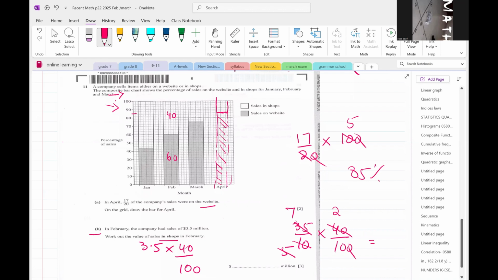So it will be 7 over 10. Okay. Let me check the calculations. Okay. We had a 2 here as well. So it will be 14 over 10. And then we can write it as 1.4 million.